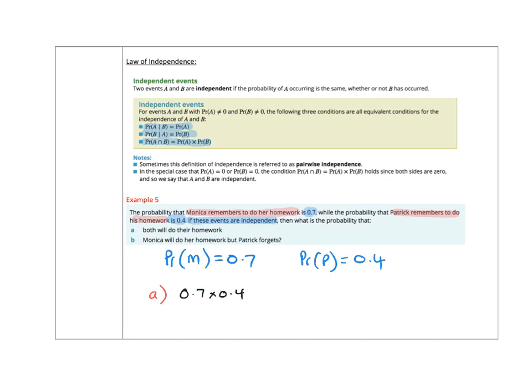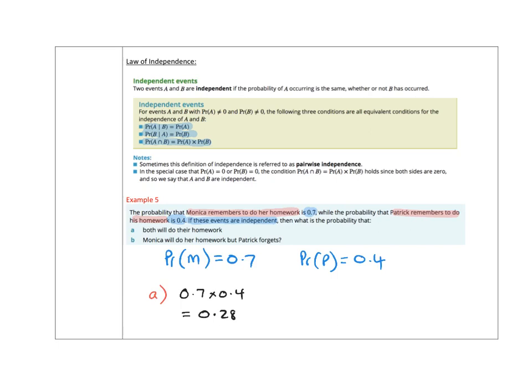Think of that like 7 over 10 times 4 over 10, which equals 28 over 100, or 0.028. Now, this is really a lesson in reading the question carefully, because we wouldn't know that if we didn't pick up on the sentence, if these events are independent. And as I'm looking at that, I've just realised I've accidentally written an extra 0. I meant to write 0.28, sorry.